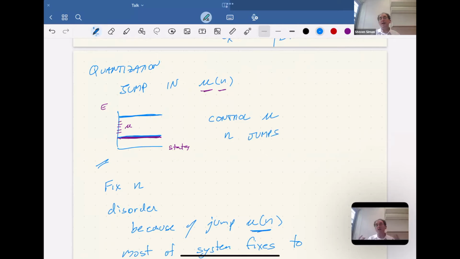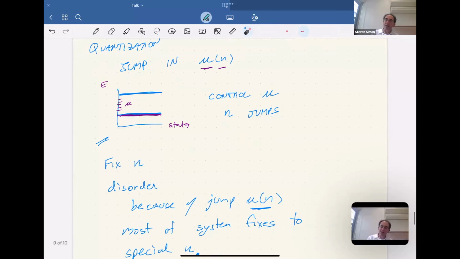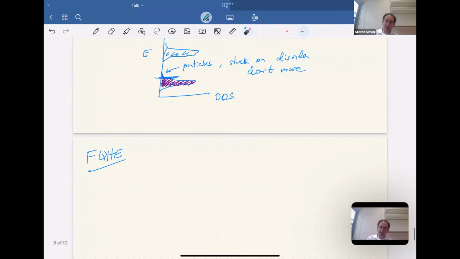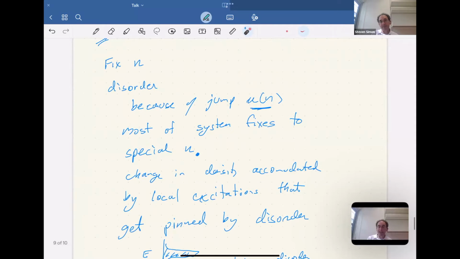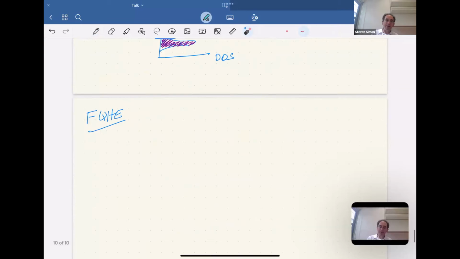So N gets quantized by itself because you control the chemical potential, and you fill the entire lowest Landau band here, and if you put the chemical potential anywhere in that gap, you don't have to fine tune the chemical potential to get the density that you want. That's probably the easier case, although the experimental case tends to be this one, where you actually change the density. Okay, all right.